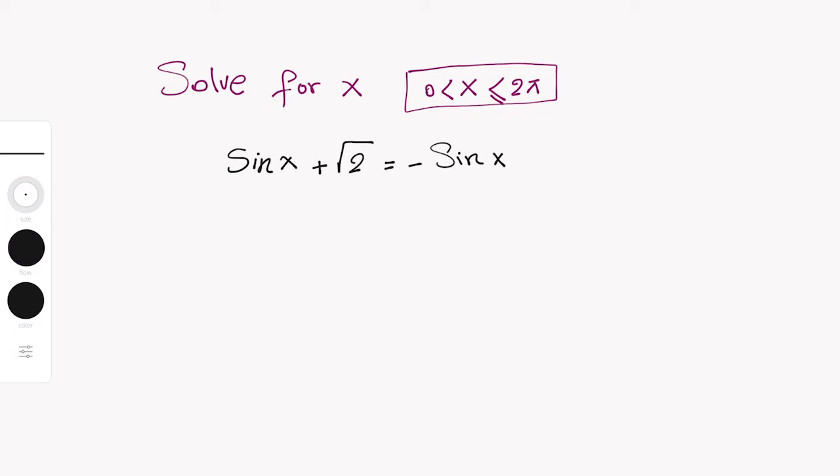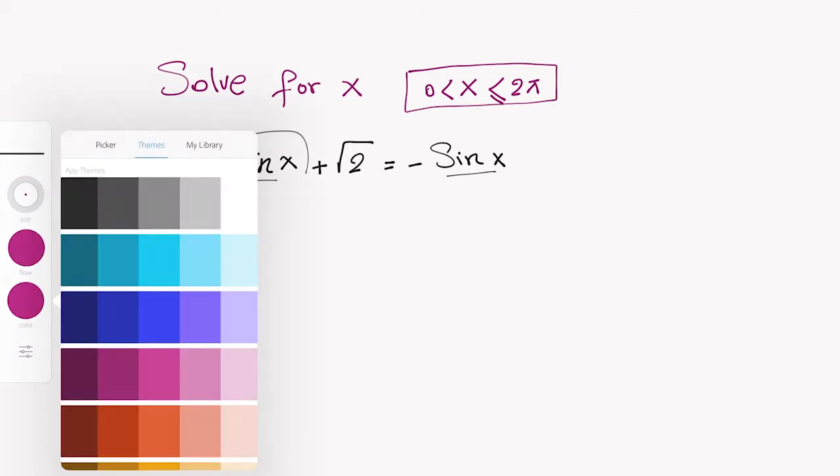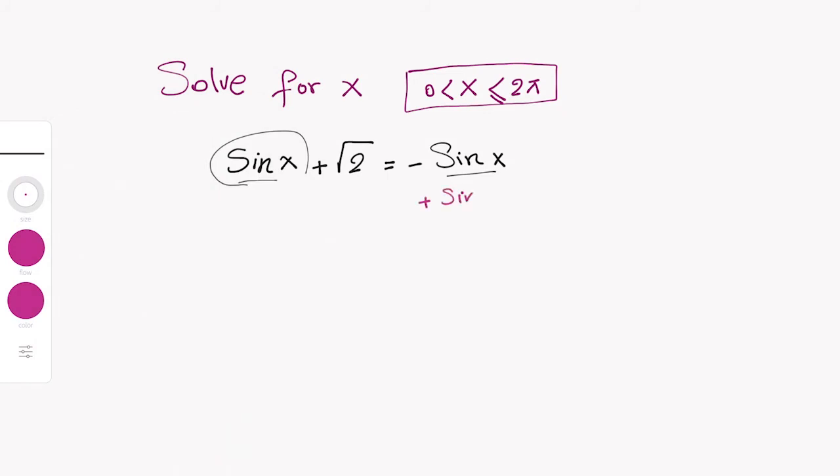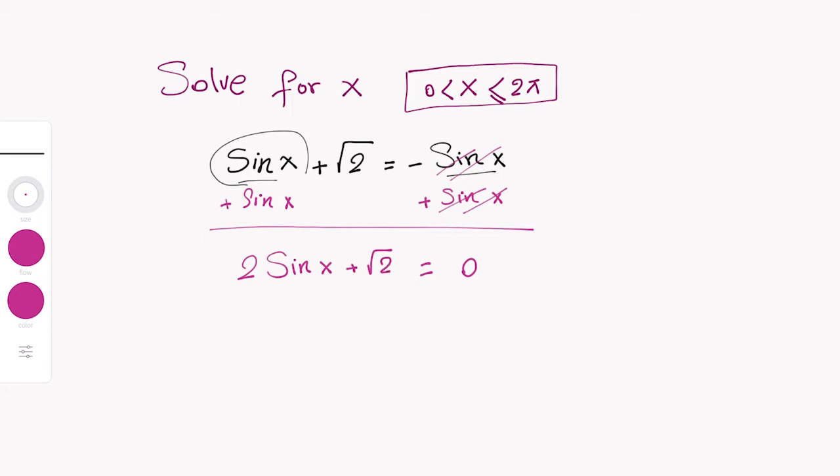Our job is to have sine of x on one side, and here it looks like we can collect them by adding sine of x to both sides. We're going to have sine of x plus sine of x. This side will go, and we have 2 sine of x plus radical 2 equal to 0.